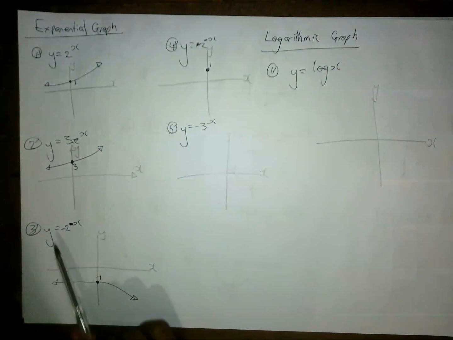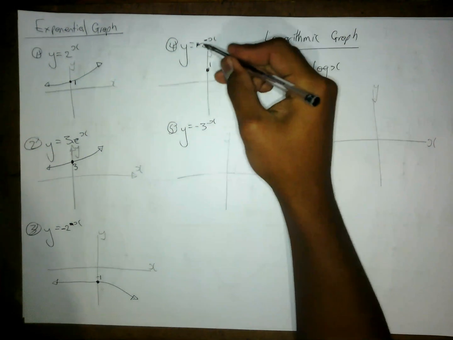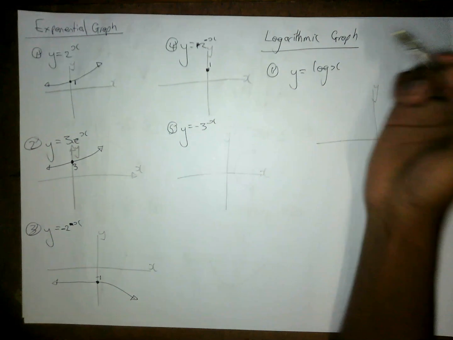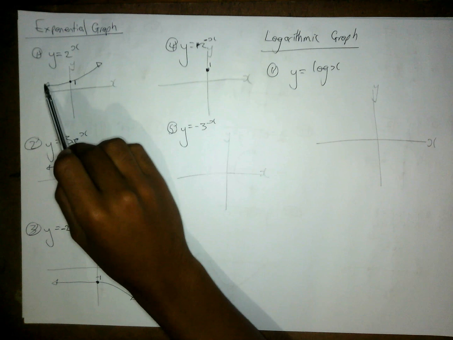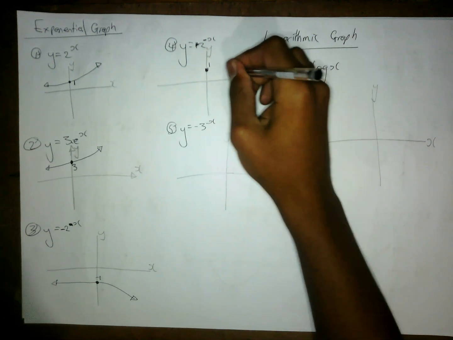When the number is negative, we're on the negative side of the graph. So here the number is positive, so it's on the positive side of the graph, but our exponent is negative. So if the positive exponent goes this way, the negative exponent will go that way.